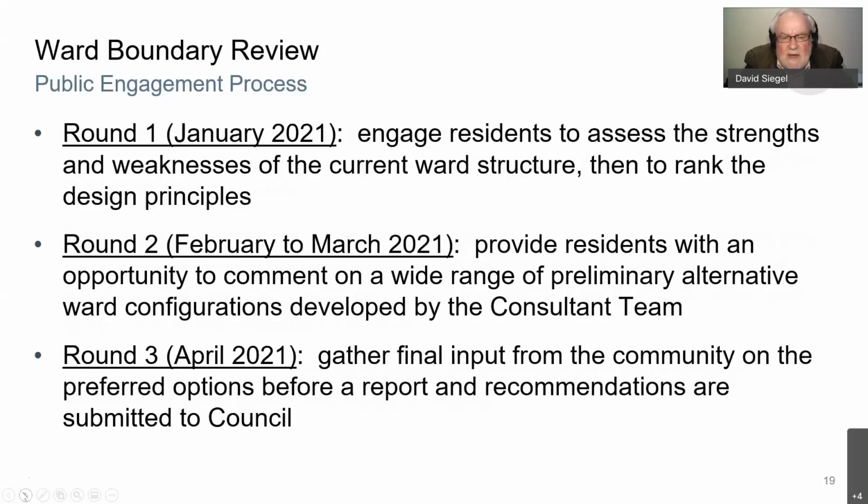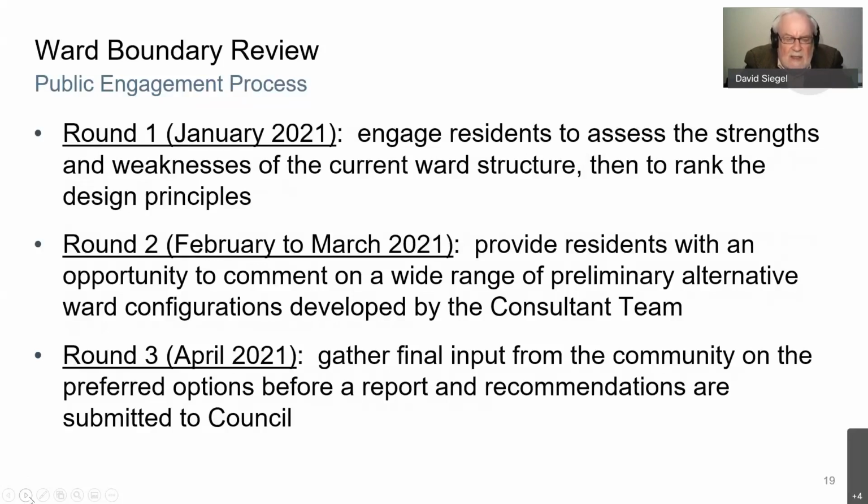So we won't be presenting one final arrangement. We want to get your comments on several potential alternatives. And that leads us to round 3, where we'll gather some final input and narrow those several options down to a preferred option, and recommend to council what council should do about that preferred option.